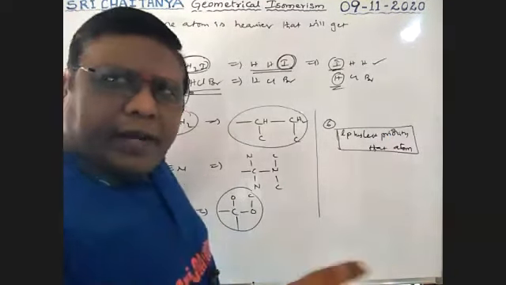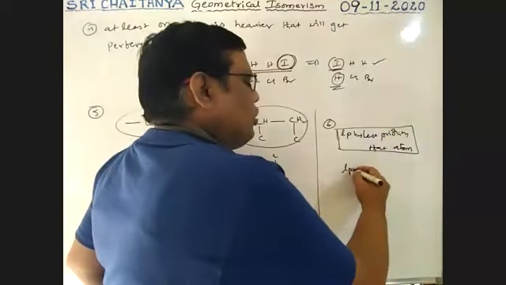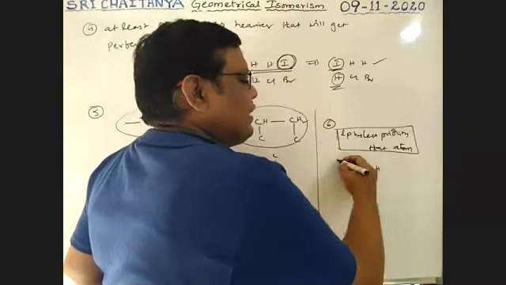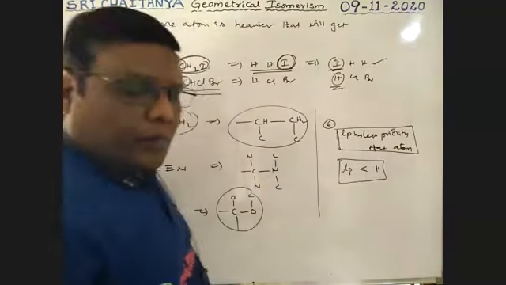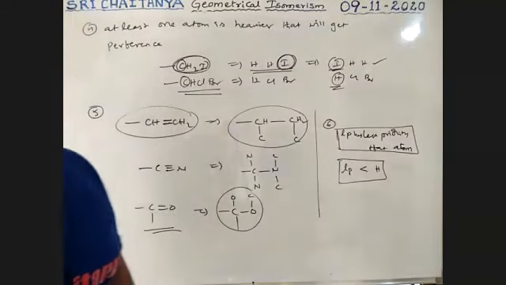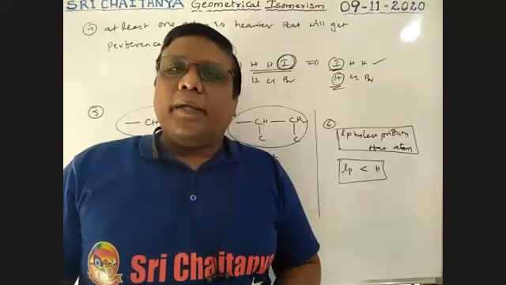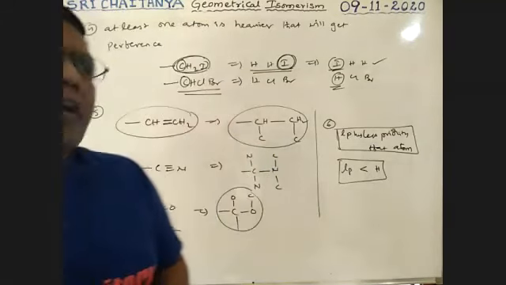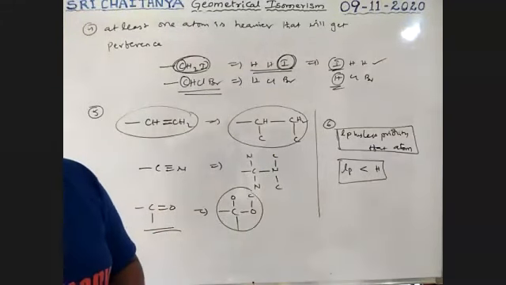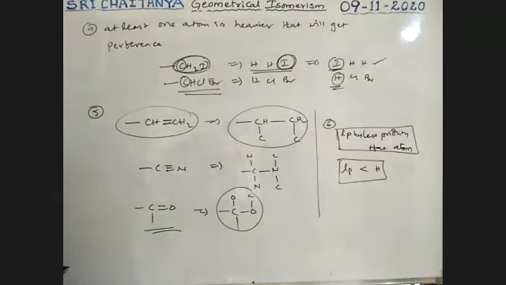Whatever it may, even though hydrogen is there. So therefore, lone pair priority is less than that of hydrogen. Even though it is hydrogen, so it has less priority. Lone pair has less priority than hydrogen.